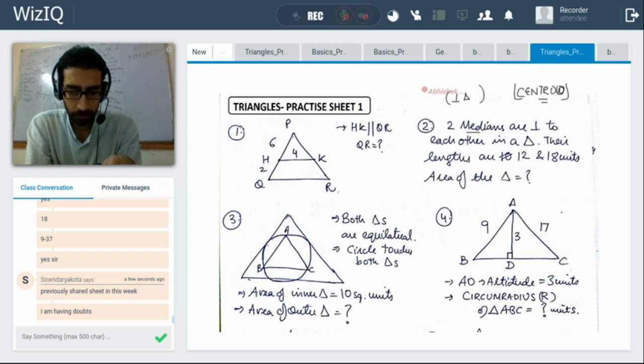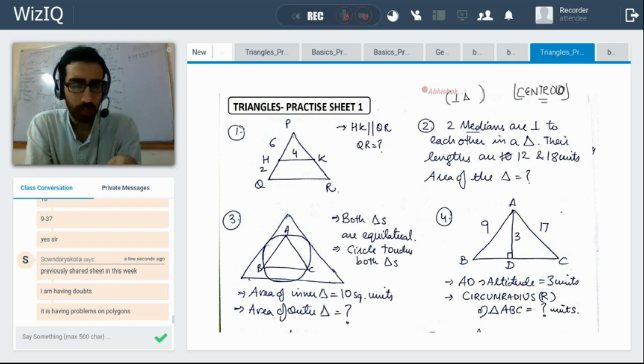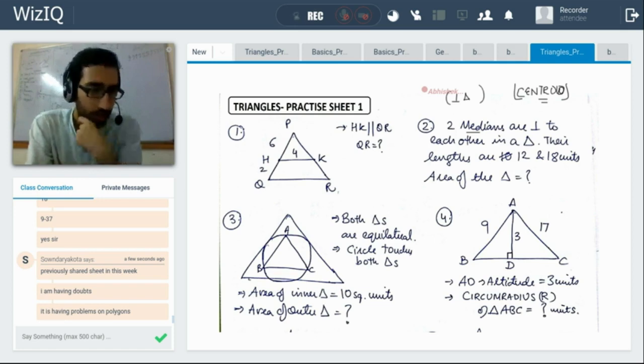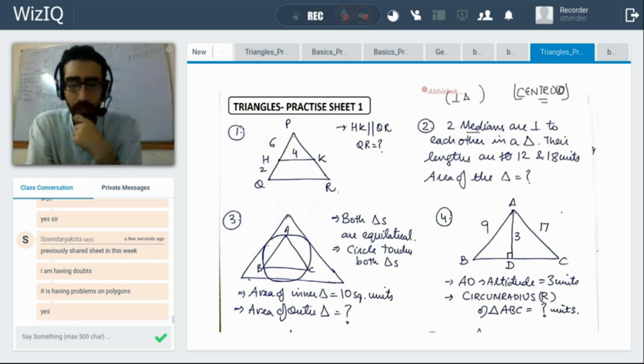Okay, are you talking about questions on quadrilaterals, Soundarya? Polygons, yeah, okay. The sheet on polygons.